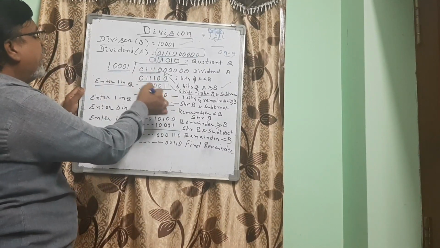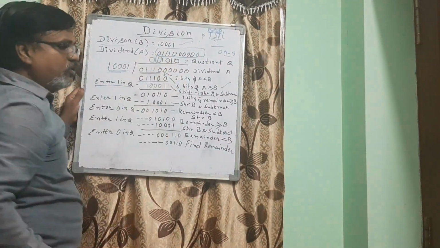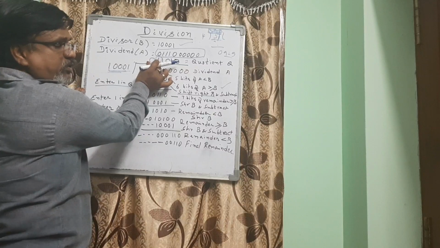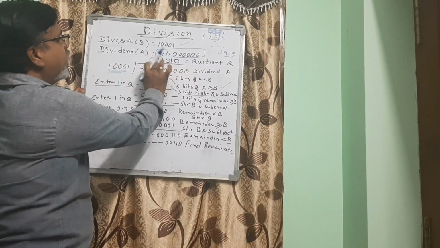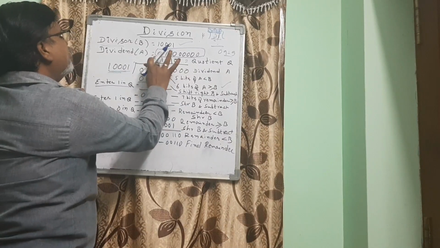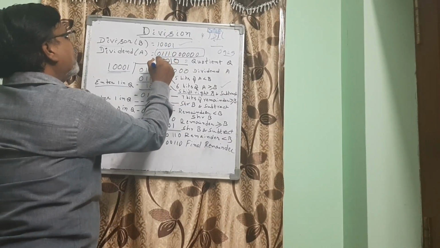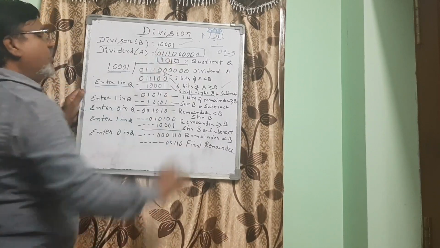Because we are subtracting this divisor one time, we have put 1 in the quotient. Now only this part is over. So 0 1 and 1 are both equal, so you need not bother about this 0. You will have 1 at the very beginning.